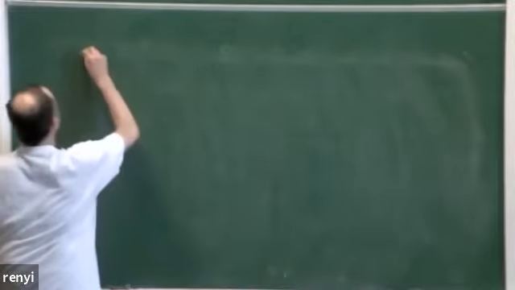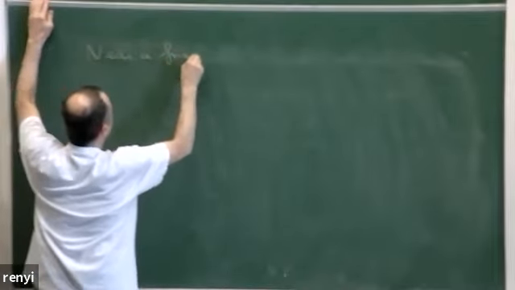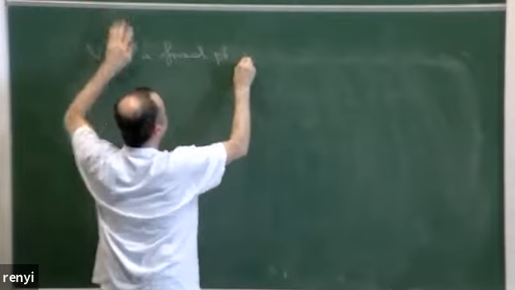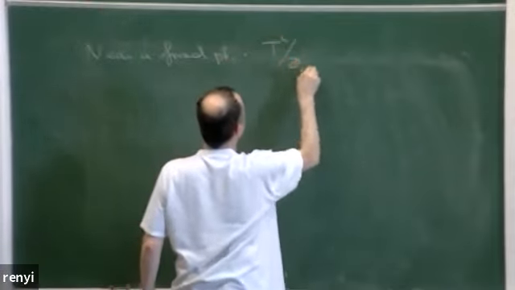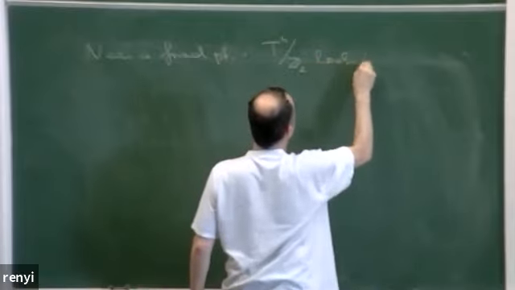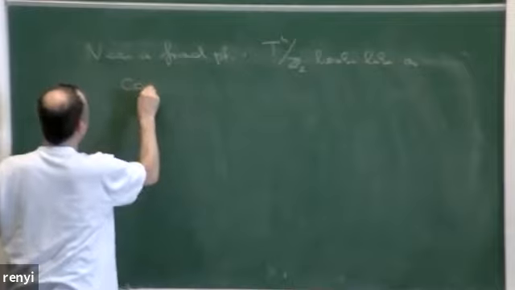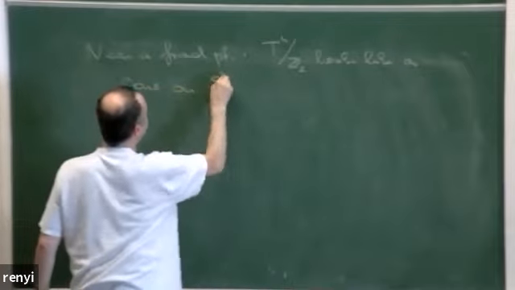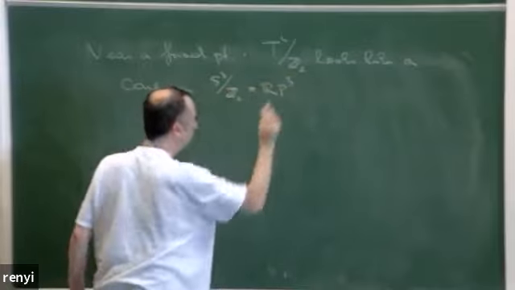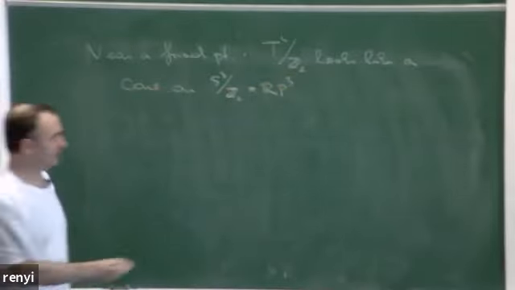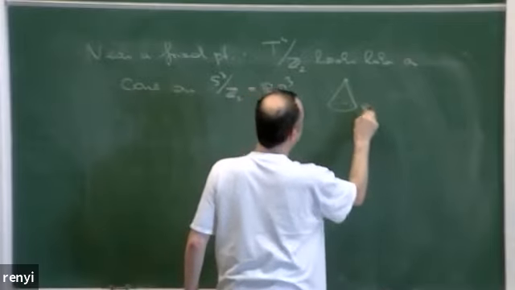Near a fixed point, the manifold looks like a cone on S3 over Z2, which is just RP3. So the singularities are cones on RP3.